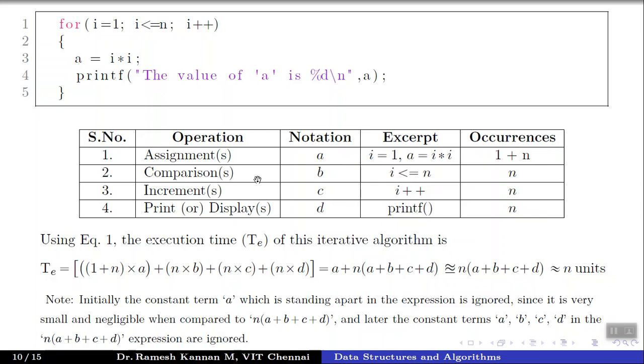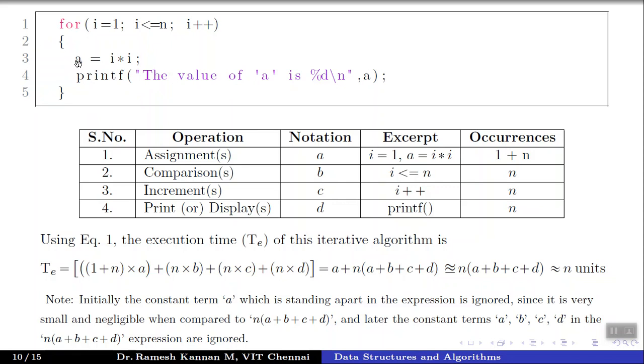Then the comparison operation: here we have the comparison I less than or equal to n, and this happens n times, since the loop runs n times. The increments also range from 1 to n, so they happen n times. And then the print or display operation. Here we have given only one print, but it is within the loop, which means it gets printed n times.